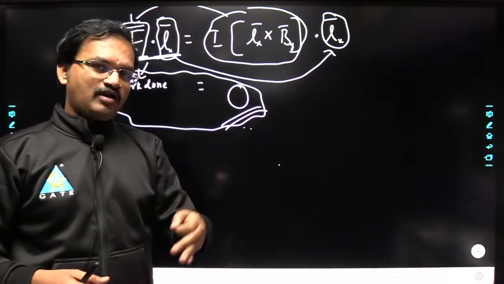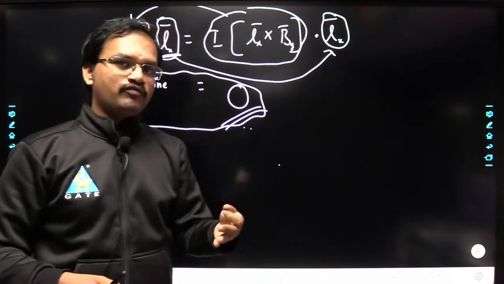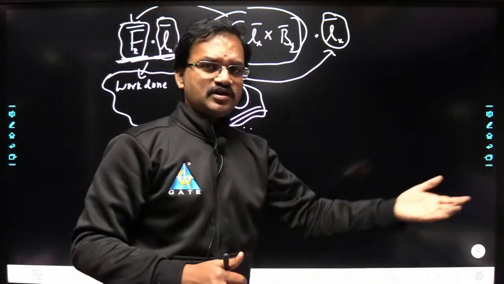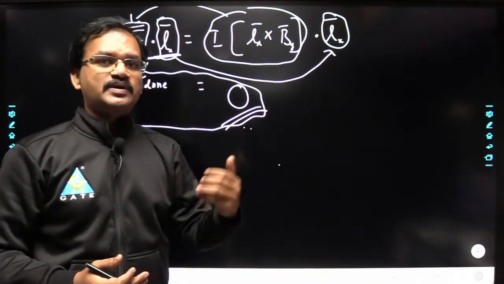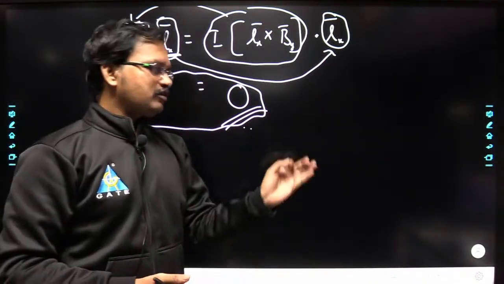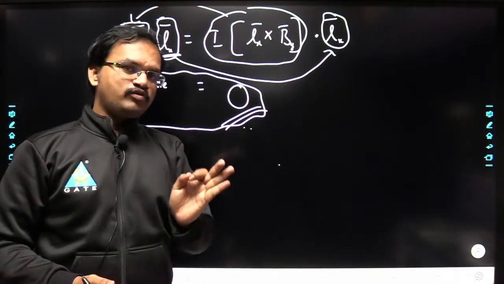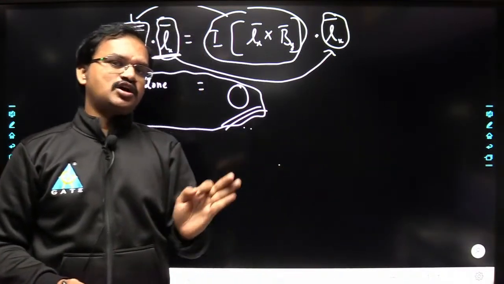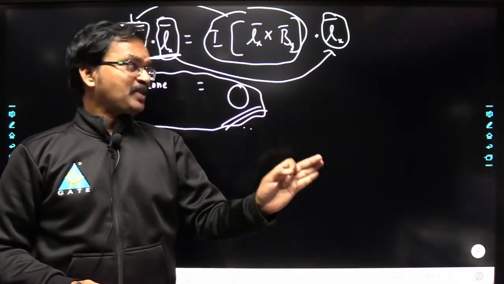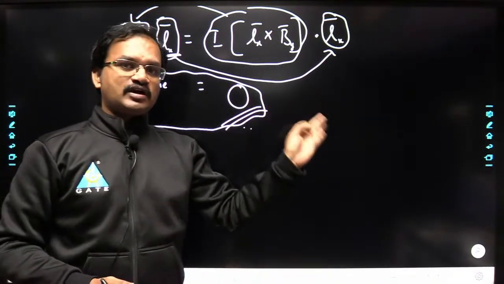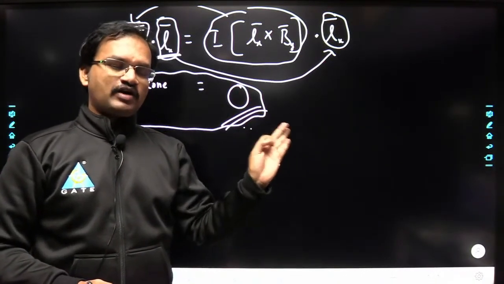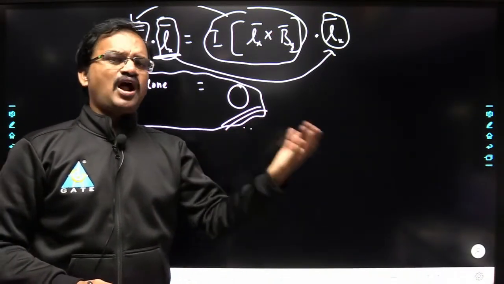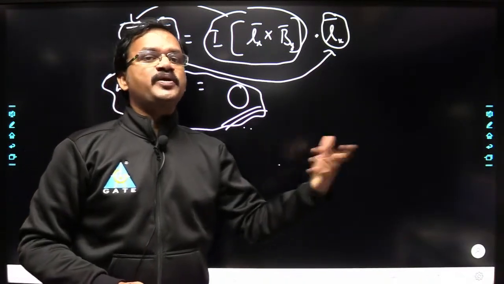So that means whenever you do work on a moving person, the speed of that person is going to change or not? The speed of that person is changing. In the same manner, whenever a charge is moving with uniform speed, since the work done is equal to 0, that means the B field is not going to change the speed of the moving charge.